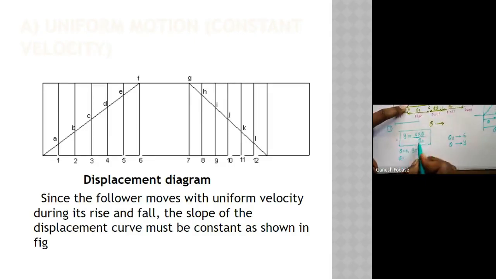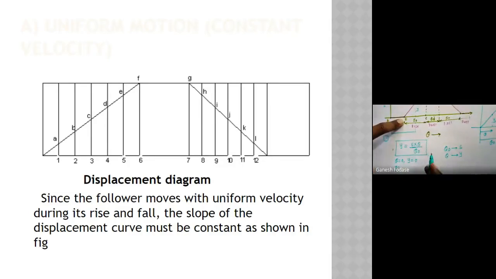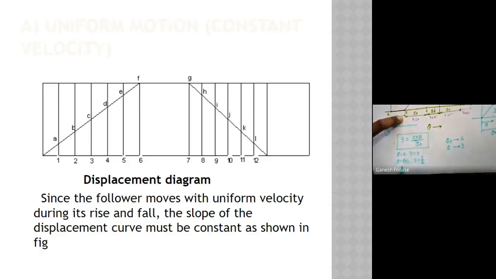At theta is equal to half of the outstroke, just we considered rise only, half of the outstroke means theta is equal to theta O by 2. Put it here, displacement is s by 2. So at half stroke, y is s by 2. And at theta is equal to theta O, meaning complete rise, y is equal to s.